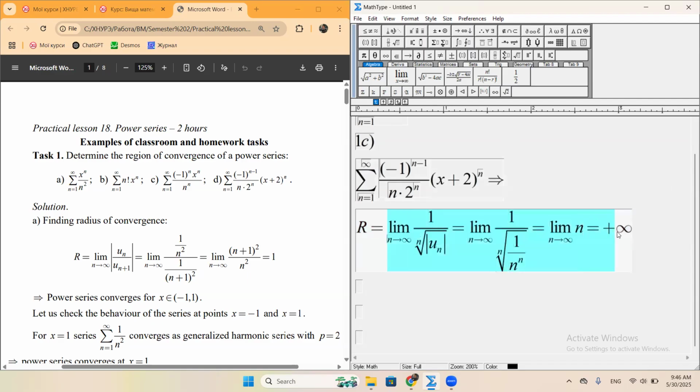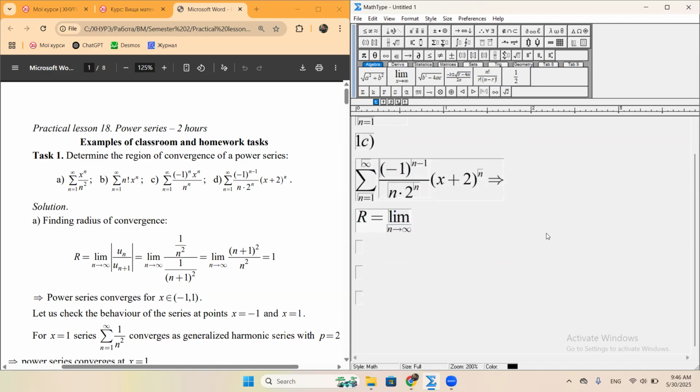First of all, let's calculate the radius of convergence. In this case, we will use, again, a D'Alembert test, with un in the numerator over un plus 1.